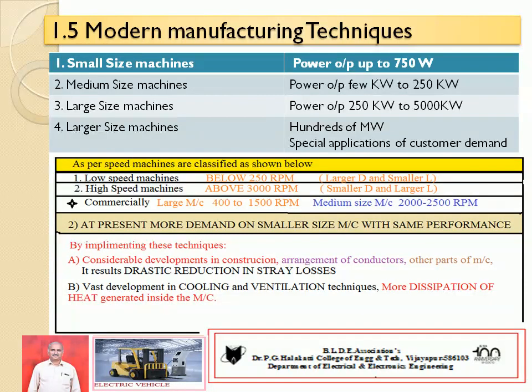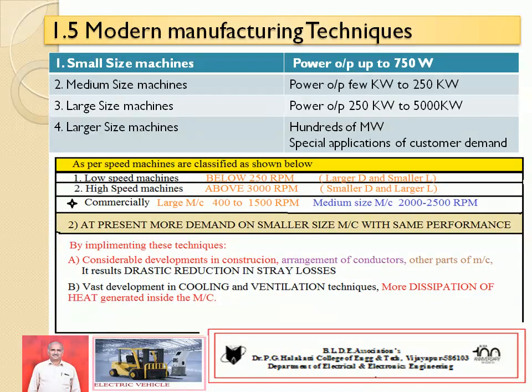The second one, the possibility lies in the arrangement of conductors. The arrangement of conductors has changed drastically, and other parts will also drastically reduce the stray losses. Hence, once the losses are reduced, it is possible to design for optimum efficiency.